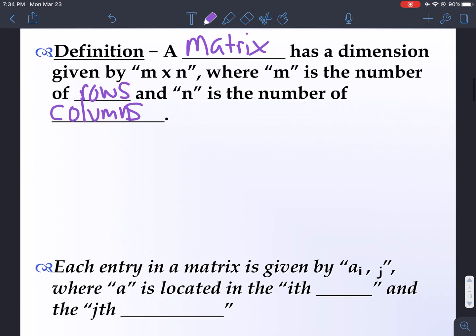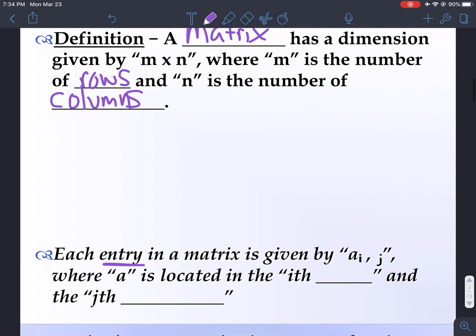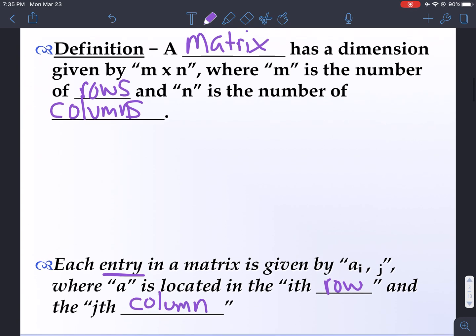Each entry in a matrix is given by a, i, comma, j, where a is located in the ith row and the jth column. So that's just a way to have a location for each entry in the matrix.